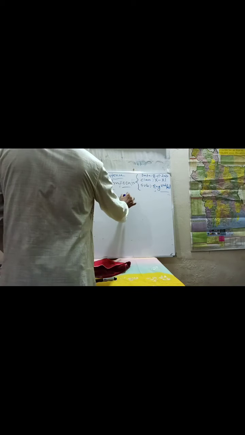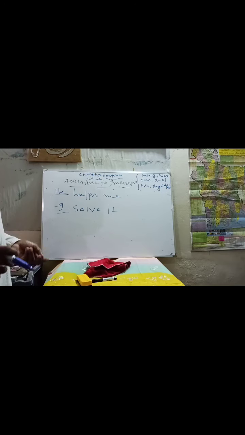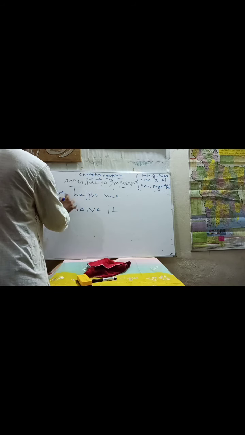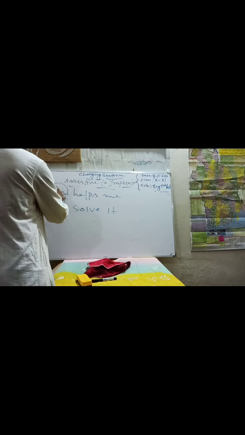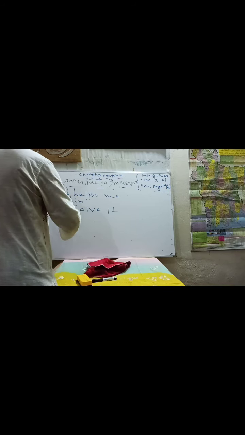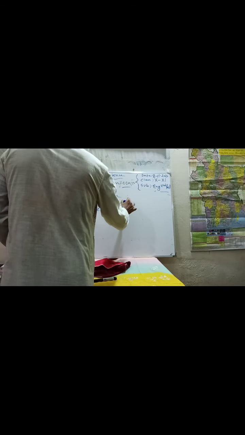He helps me. I solve it. If we get third person or first person in an assertive sentence, then we use let in an imperative sentence. Let, and then we use the objective form of the subject, let him, and then we use the principal verb help and extension.